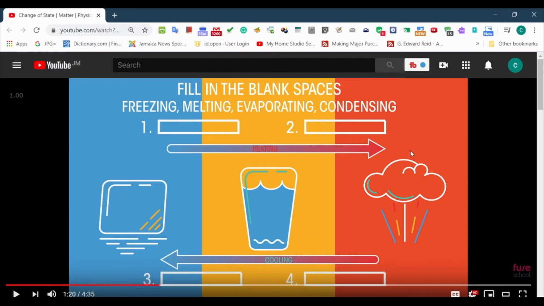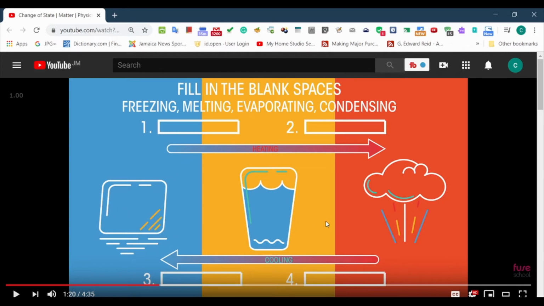For example, we have clouds in the air, and when those clouds, which have water vapor, cool down, then we can get the liquid water back out of it. And then when the liquid water is losing heat, from here to here we lose heat. You notice this way we are gaining heat, and this way cooling is what? Losing heat. All right, so we go from water now back to ice or solid water. So that would be freezing.